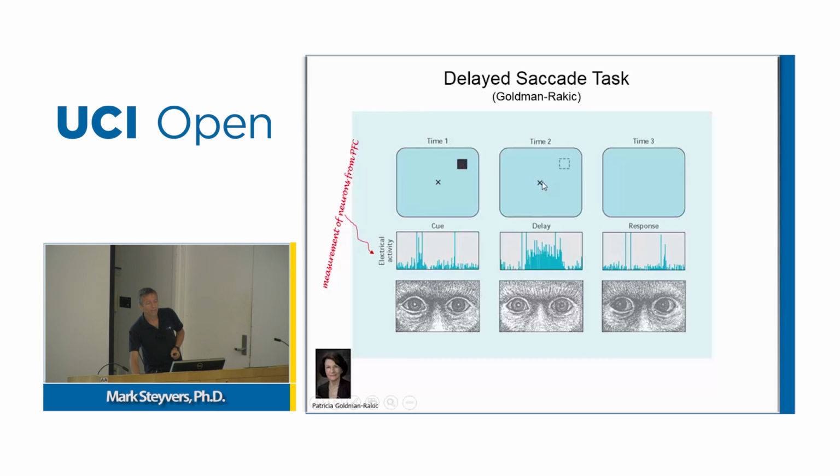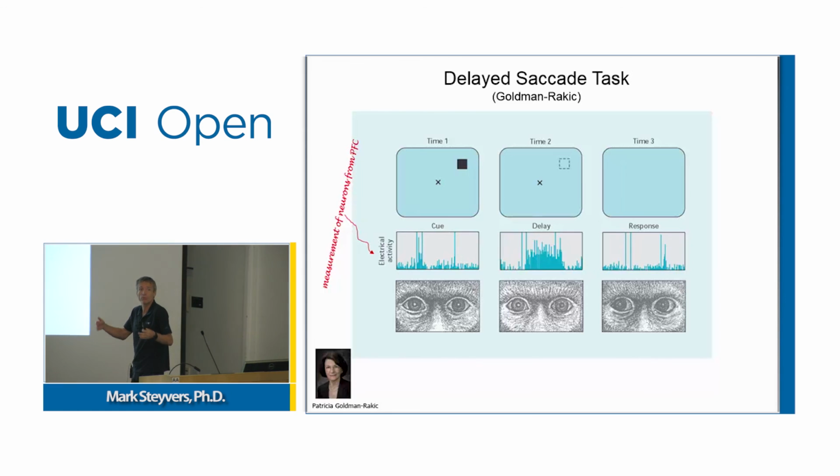Then at a later time, this black square disappears. And they're again instructed through reward not to move their eyes for at least 3 seconds. And then roughly after 3 seconds, they move their eyes to the position where the black square was shown. Very simple experiment, so it takes some training for these monkeys to do this. So it's a simple memory experiment.